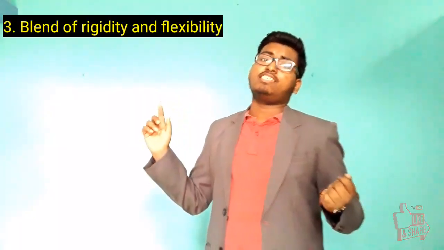So this was all about this feature, and the next feature is blend of rigidity and flexibility. I am going to explain rigidity and flexibility. We will take the example of the USA. The American Constitution has a very complex procedure to get amended.